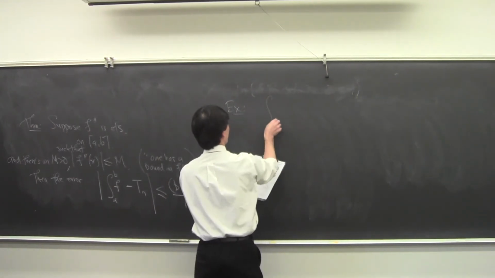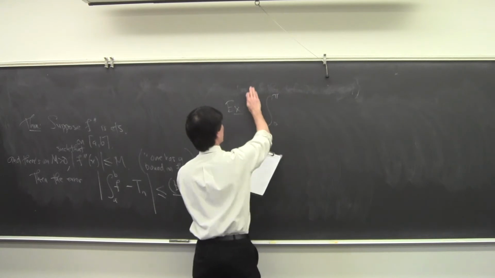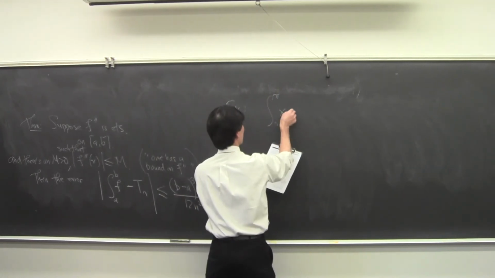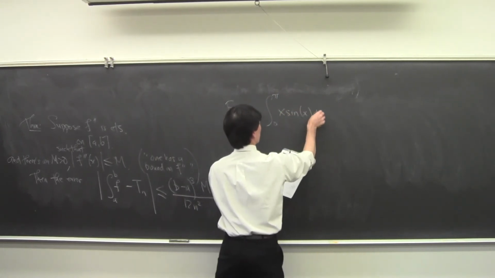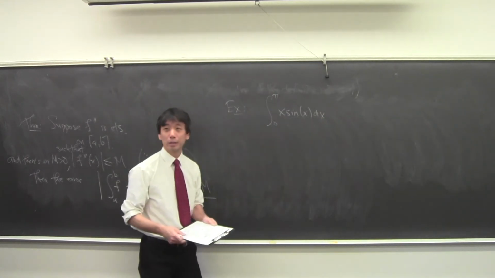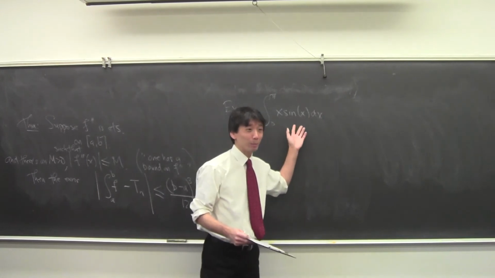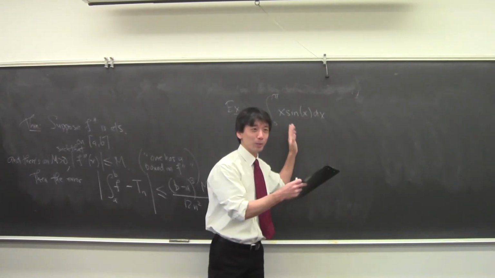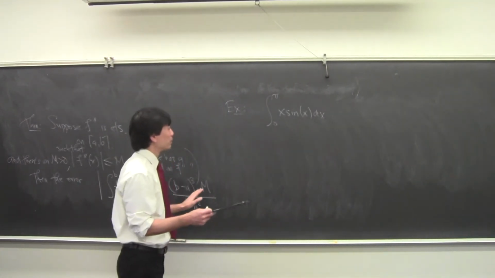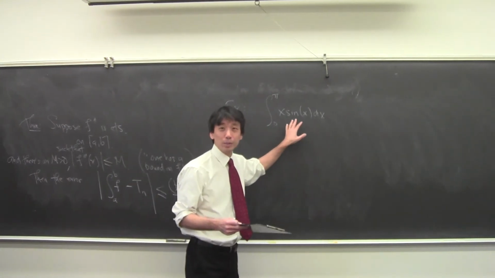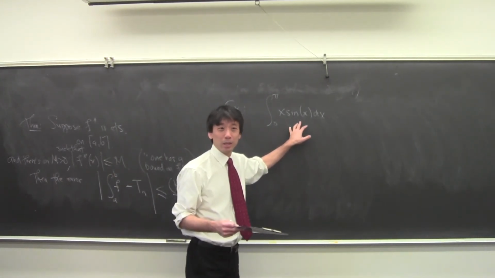Somebody asks you for the definite integral between 0 and pi of x sine x. Okay, and for some reason you've forgotten all your calculus knowledge. I know you can integrate this, but let's just use this as an example. Okay, so somebody says, use the trapezoidal approximation.